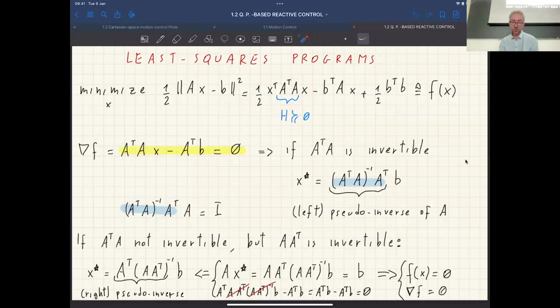The Hessian of this quadratic form is this matrix A transpose A. The good news is that this matrix is always semi-positive definite, because it's given by the product of a matrix times its transpose. Structurally, that results in a matrix which is always semi-positive definite.